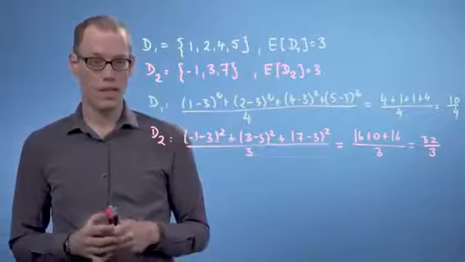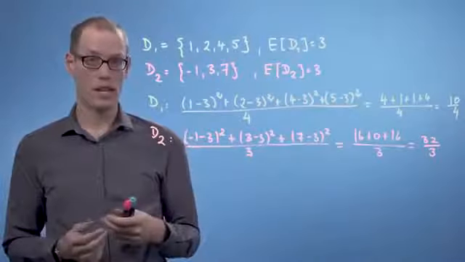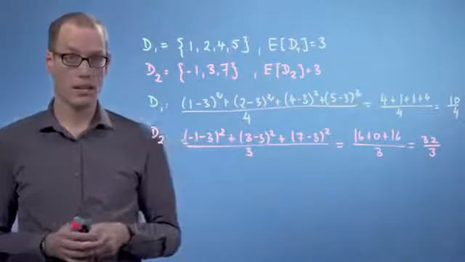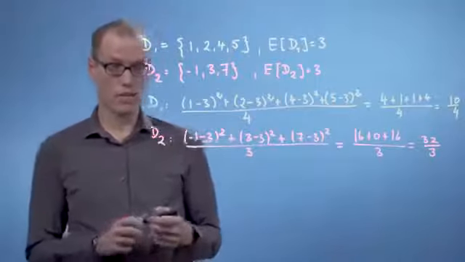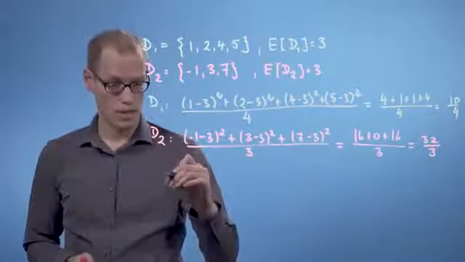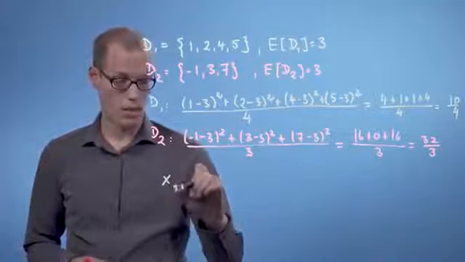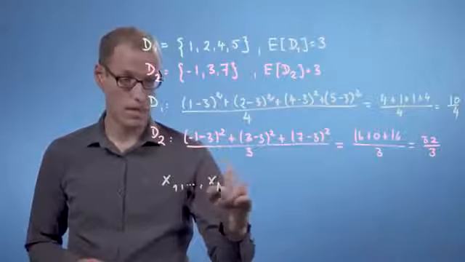Assuming we have a data set consisting of n data points x1 to xn, we can define the average squared distance as follows.